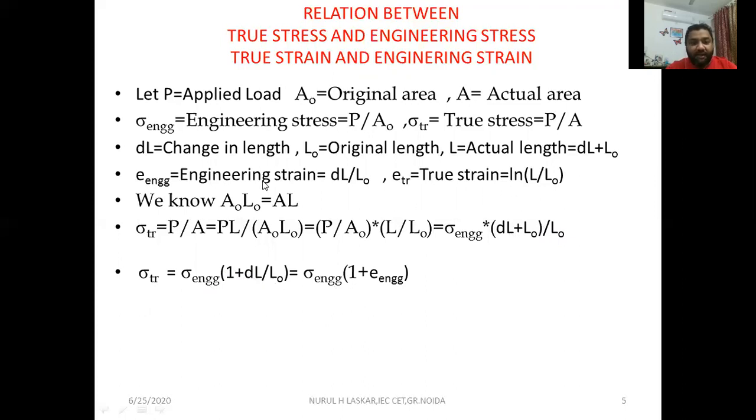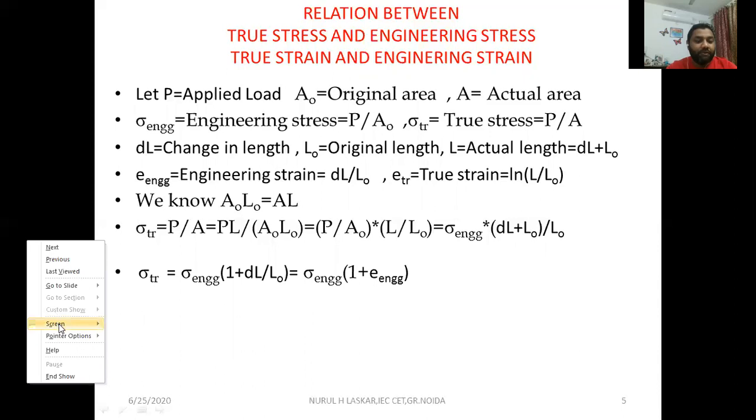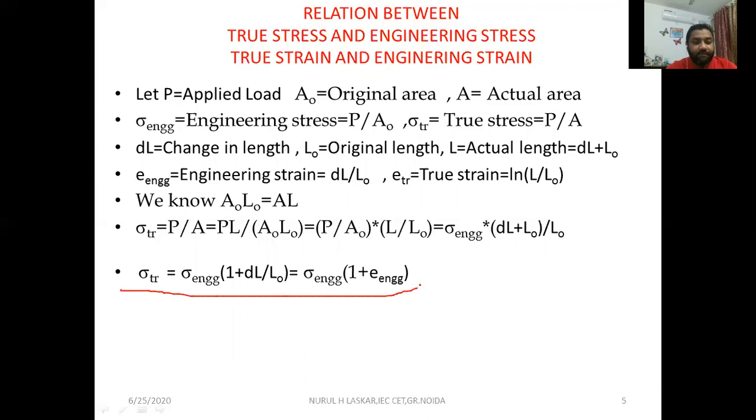See, dL by L0 is the engineering strain. So ultimately I am getting sigma TR, true stress, is equal to sigma engineering stress multiplied by 1 plus engineering strain. So this is the relation between true stress and engineering stress.